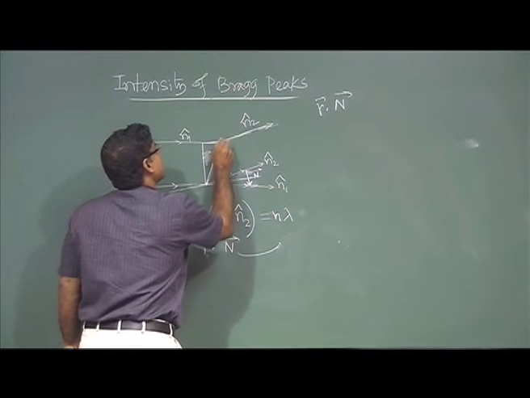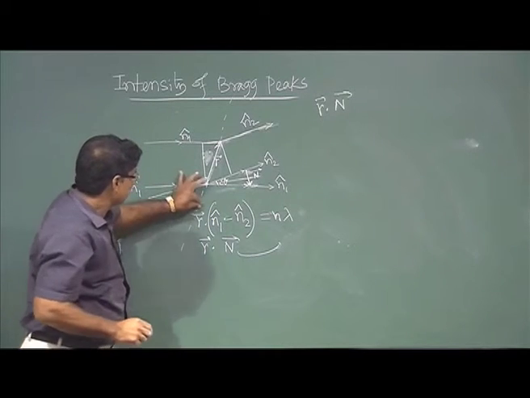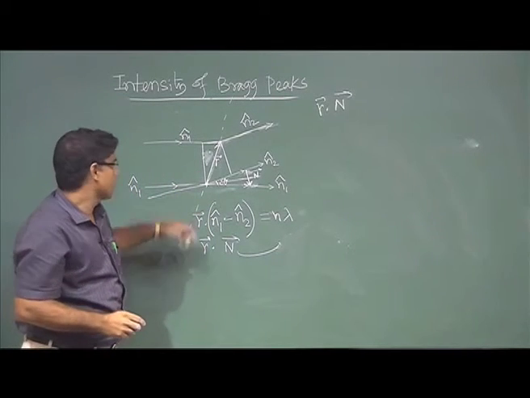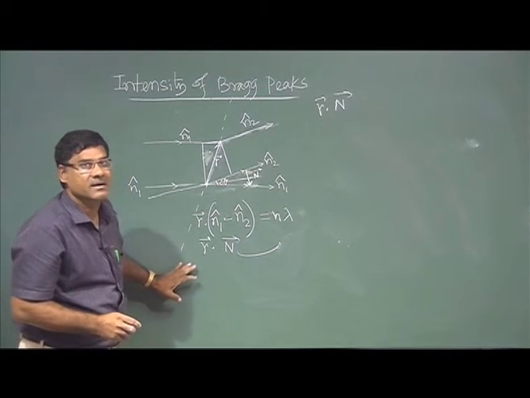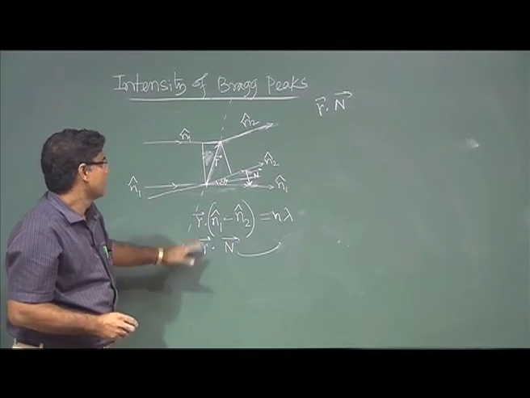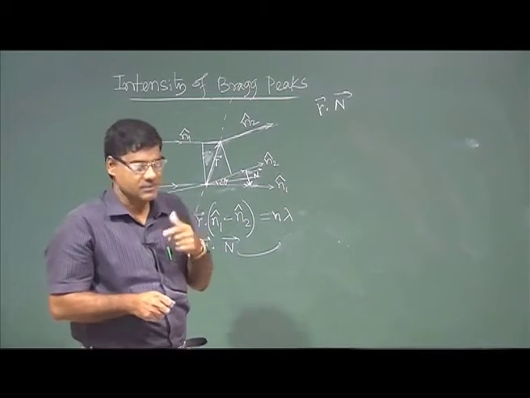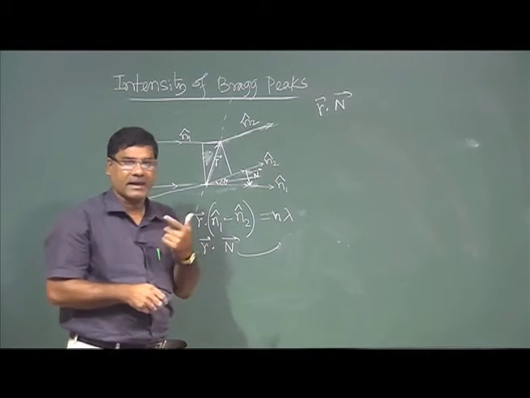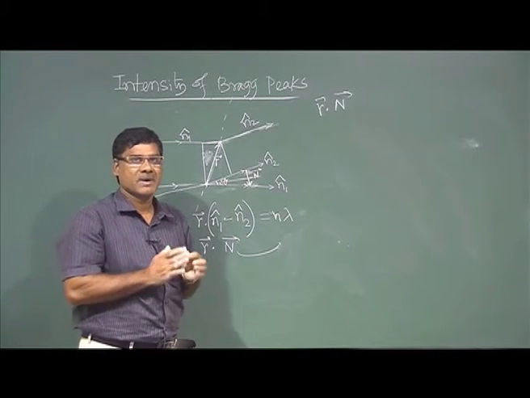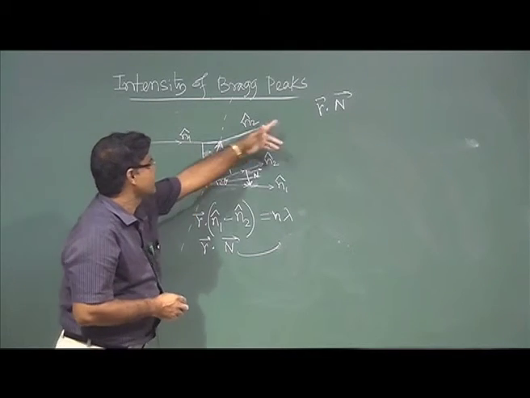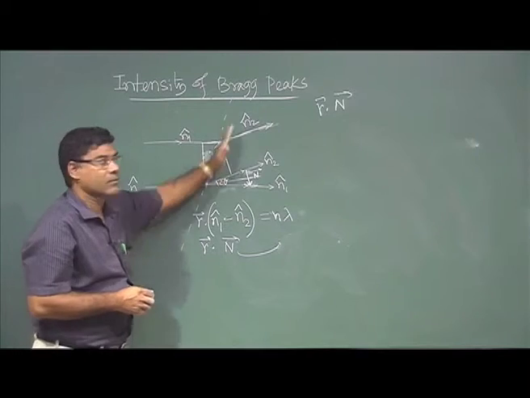So, on this array, whatever lattice points are there, all will be in phase, right. So, along the A1, along the A2, along the A3 axis, if I consider, this is giving along a row, right, along a row.